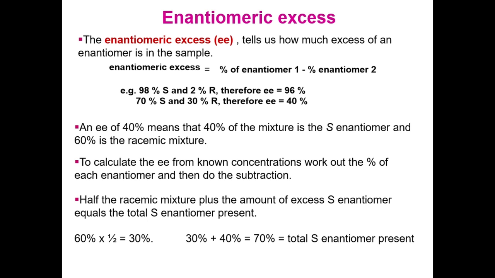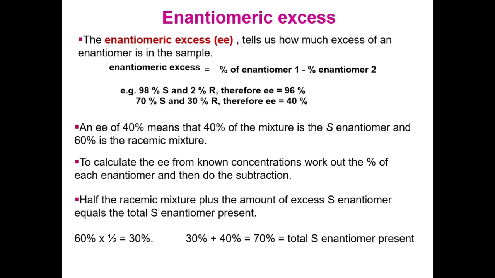Now, if you want to know the total S present, you take half the racemic mixture plus the amount of excess S enantiomer, and that will equal the total S enantiomer present. Let's look at an example, the case where we have a 40% EE with S being the enantiomer in excess.